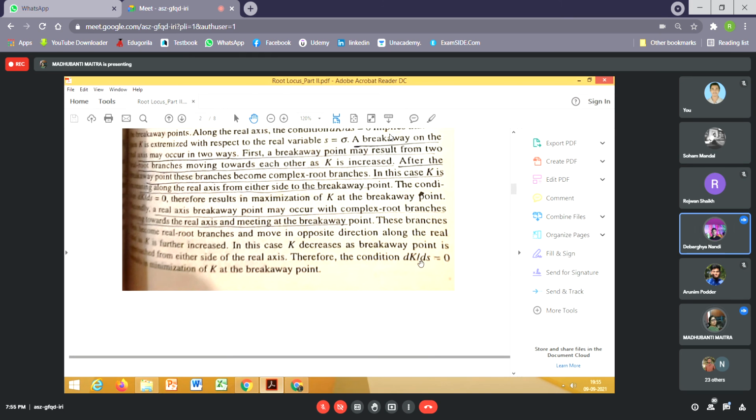So on the real axis, at the breakaway point or at the break-in point, this equation suggests that the value of gain k will be extremized. That means either maximum or minimum.